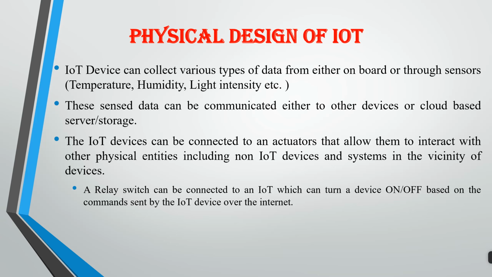So the relay switch is controlled by means of an LDR, which is a sensor, and all these devices must be connected on board using the LDR as a sensor. These sensor data can be communicated either to other devices or cloud-based storage or services, depending upon the requirement.